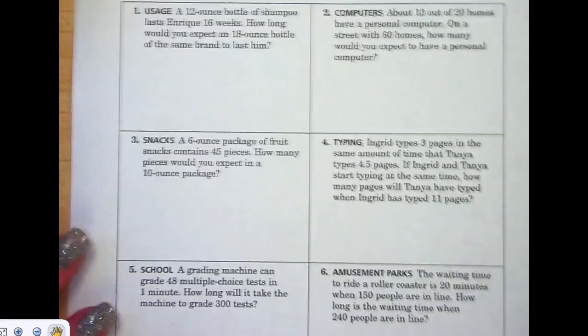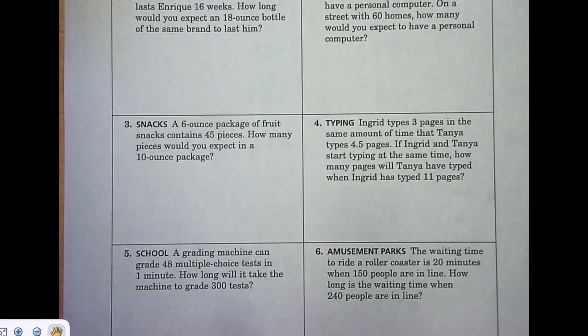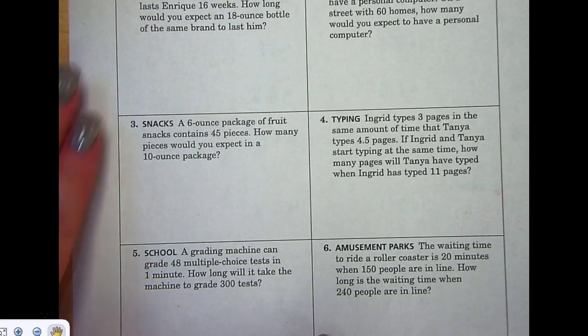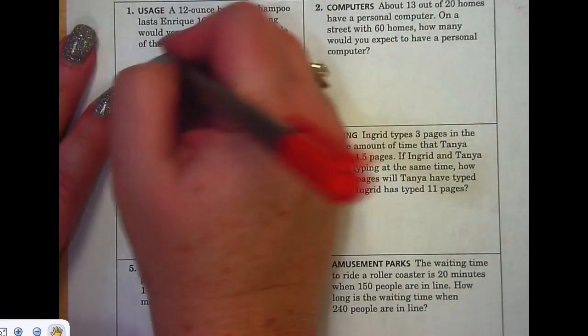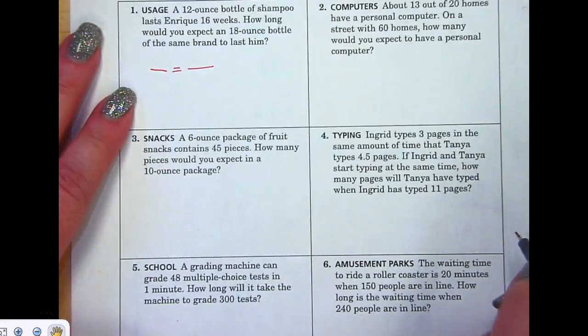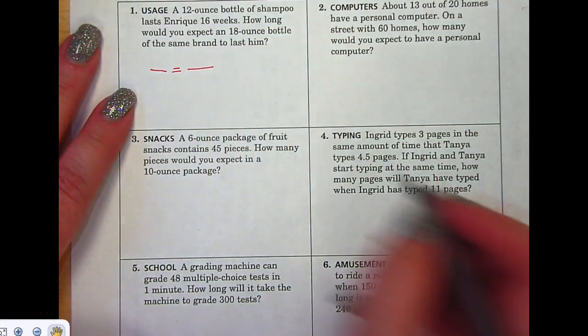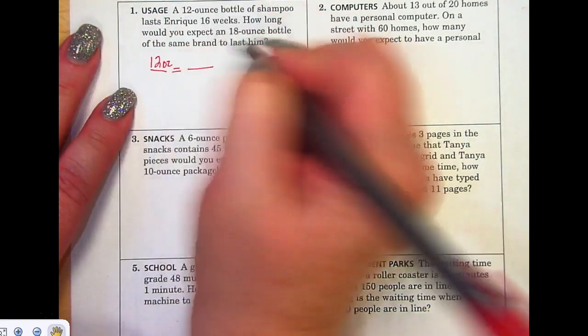Okay, look at the back. A 12-ounce bottle of shampoo lasts Enrique 16 weeks. How long would you expect an 18-ounce bottle of the same brand to last him? So I do expect to see, just like on our notes, set up the proportion. 12 ounces is 16 weeks.